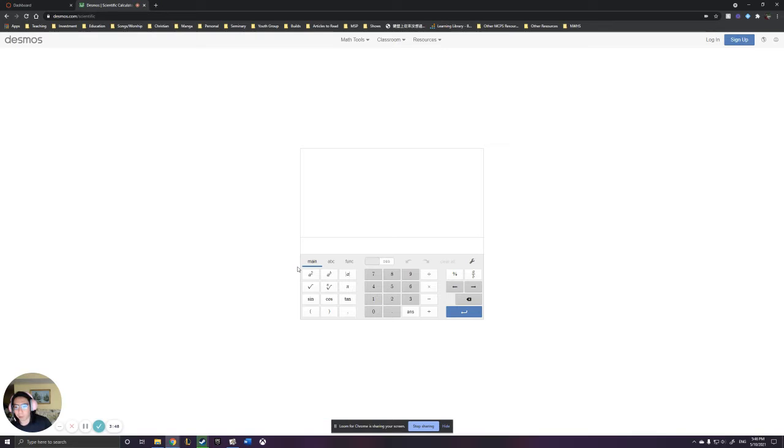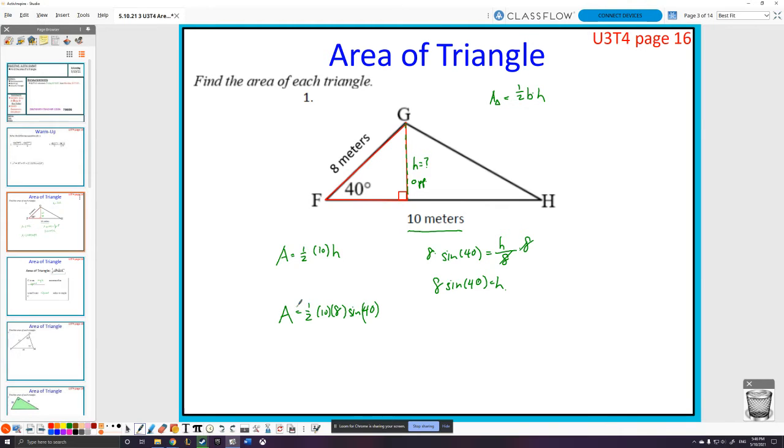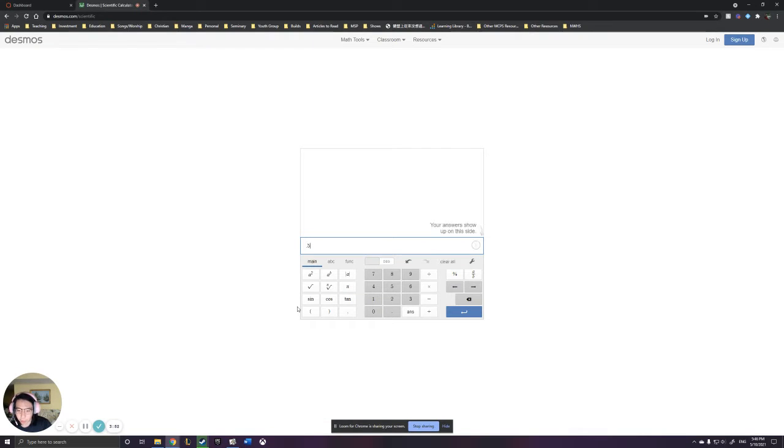Obviously, it doesn't really matter if you first do 1/2 times 10 or whatever. I'm just going to put it all in without having multiplied anything out. So I have sine of 40 degrees. I'm in degree mode.